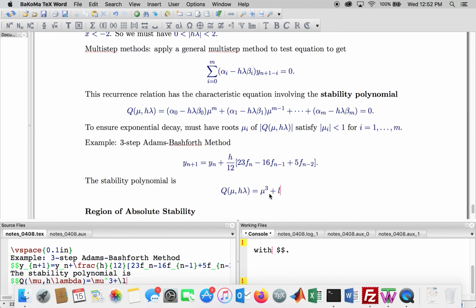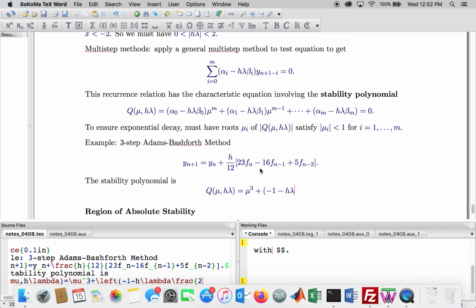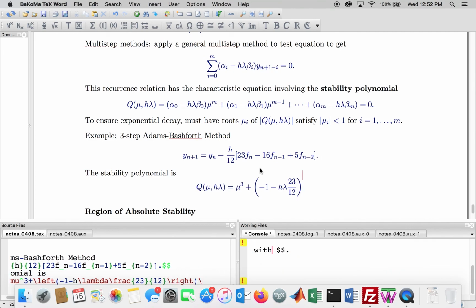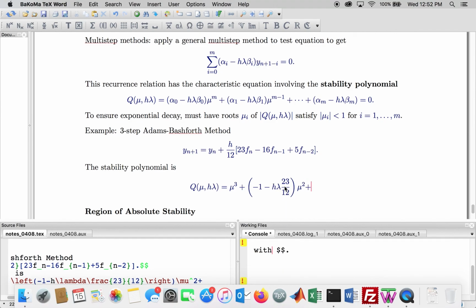Then for the next term, I have alpha 1, which is minus 1, and then I have minus h lambda times beta 0, which is 23 over 12, and times mu squared. Then the next term, I have no other alphas. It's only betas from this point on.